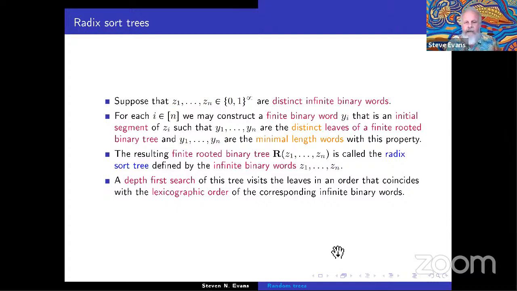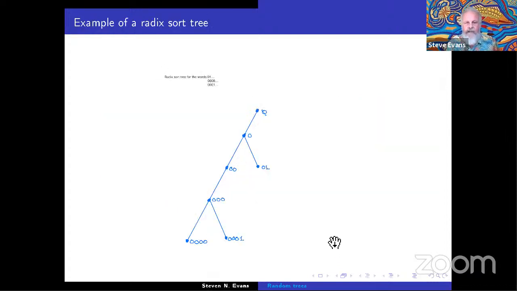So let's maybe have a picture. Oh, this is hard to read, I realize. So suppose that we've got 3 infinite binary words. The first one starts with 0, 1, and then has some infinite sequence of letters after that.